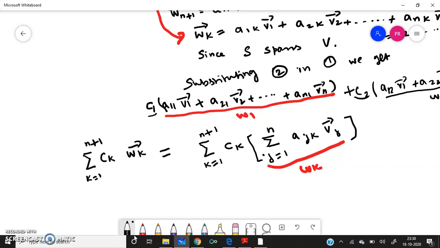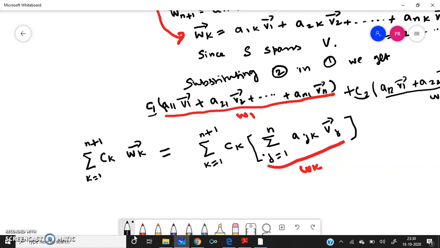In the place of Wk I have written this summation, that is A11 V1 plus A21 V2 and so on. This inside summation is nothing but this one, and this outside summation is this addition: C1 times W1 plus C2 times W2 plus C3 times W3 and so on.